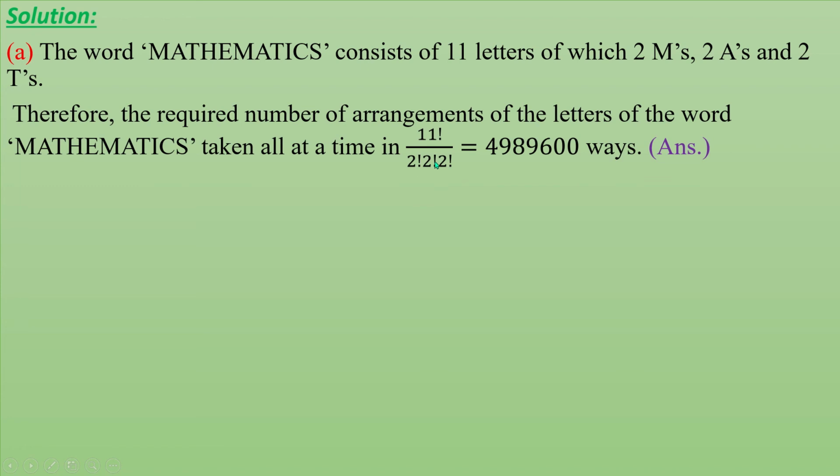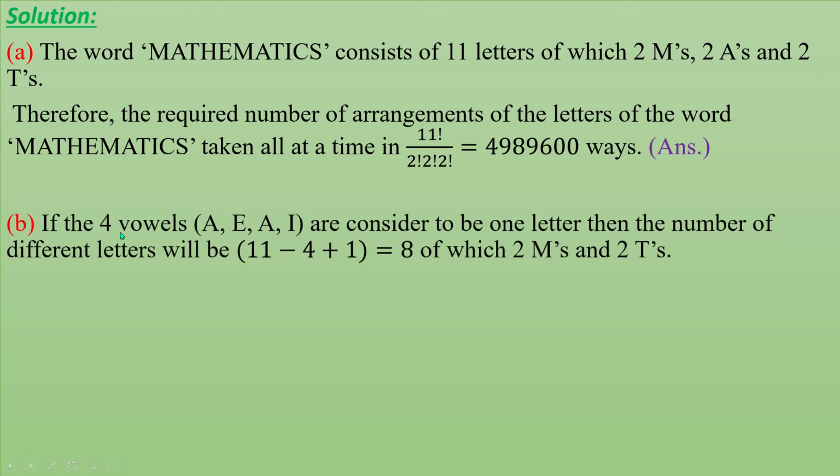This formula we discussed in my previous lecture, so I think everybody knows the formula. You can use a calculator, no problem. This is the required answer: 4989600. Permutation and arrangement are the same.